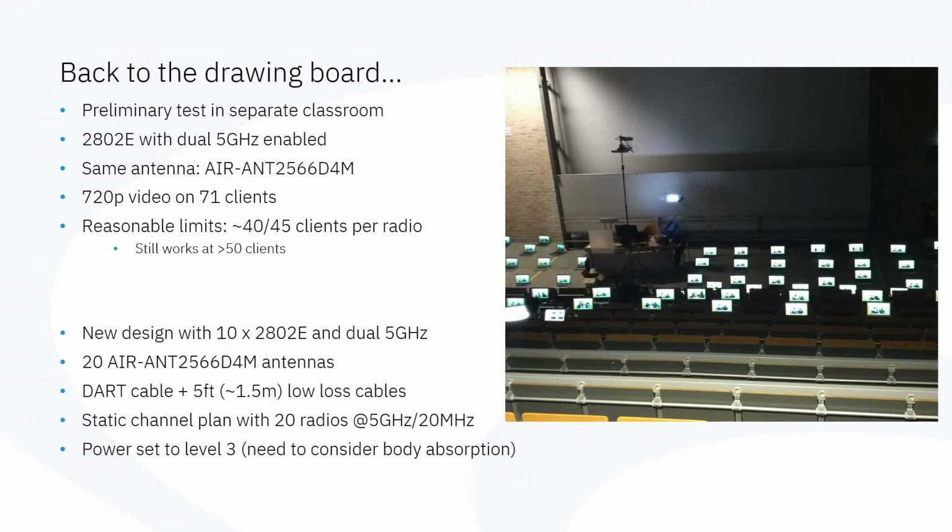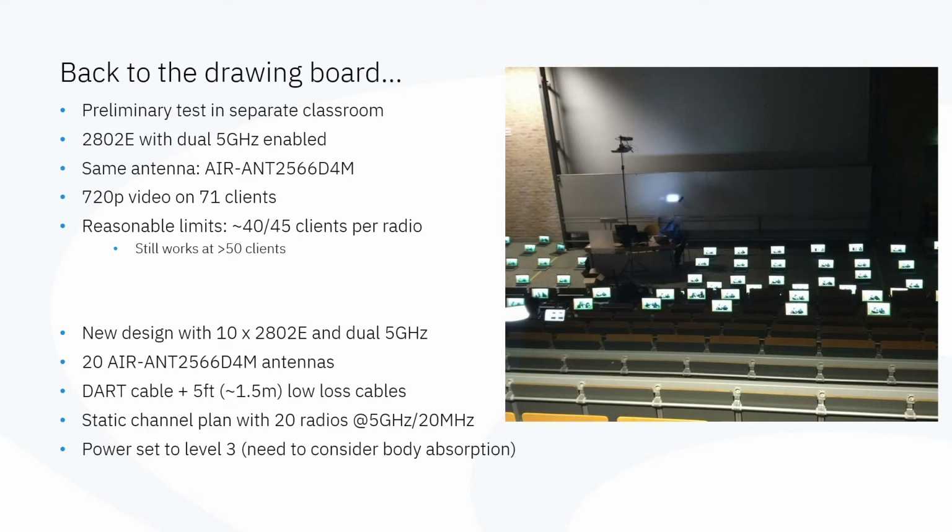So the 2800 with the same antenna could reach up to 71 clients, and even more if you wanted to, on a single radio at 720p video resolution. So our limit of 40 to 45 clients per radio was not that strange to think of at first. Actually, it works fine at 50 and even 60 or 70 clients, but we want to have some margin here.